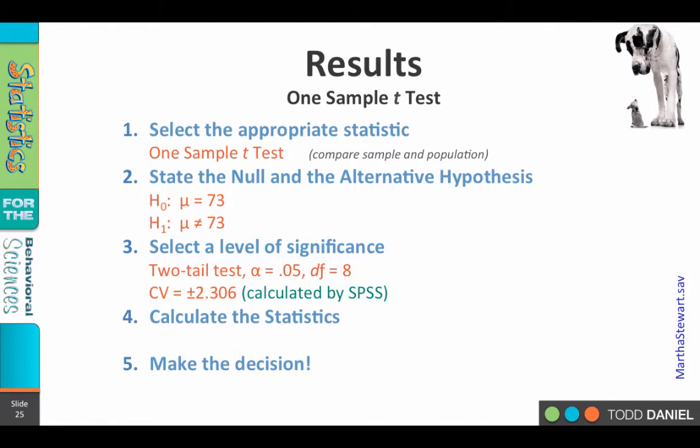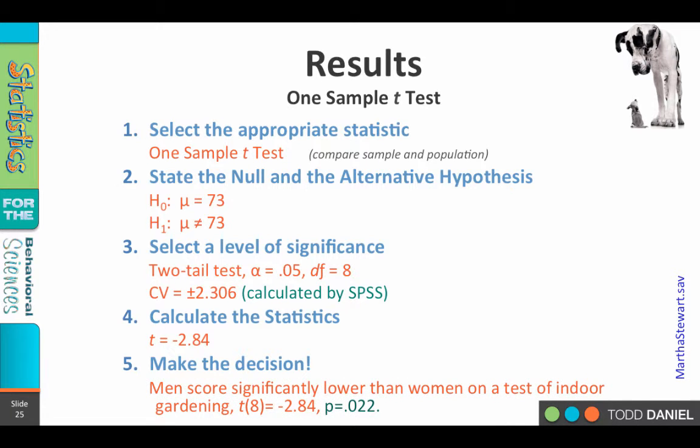So let's go back to our 5 steps and see where these values fit. We calculated the statistics using SPSS, and we came up with that same negative 2.84 for our t-value. We can see that the negative 2.84 exceeds the negative 2.306, or we can see from the probability value in SPSS, the one that is less than 0.05, that this test is statistically significant.